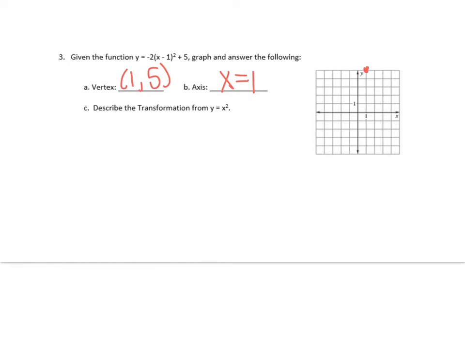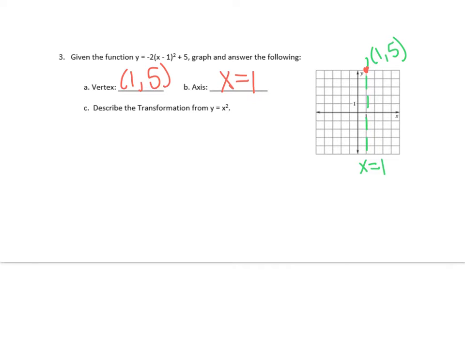My axis of symmetry, gotta find a different color so I can draw this in here. My axis of symmetry is going to be a vertical line. Vertical lines are always x equals, we're going to label it. Our graph opens down, so we're going to label it above the vertex so it doesn't get in the way.